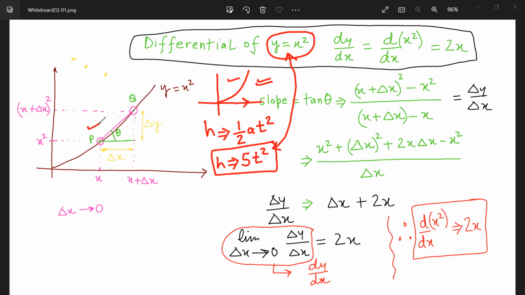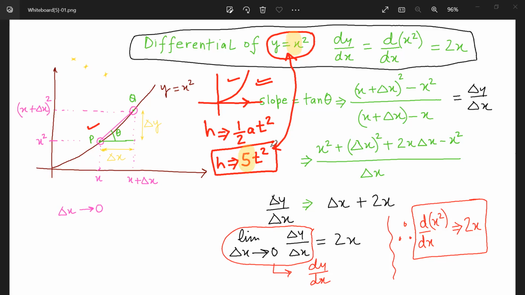This graph and that graph are almost the same. The only difference, as you will understand in the next few classes, is that here there is a 1 and here there is a 5.